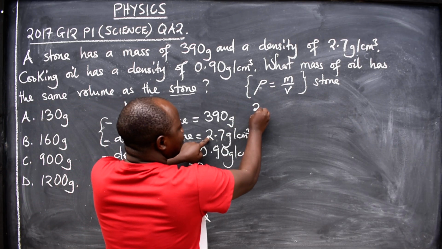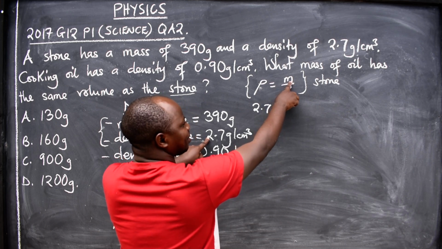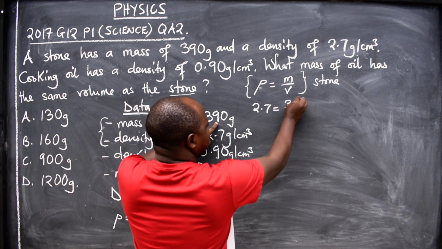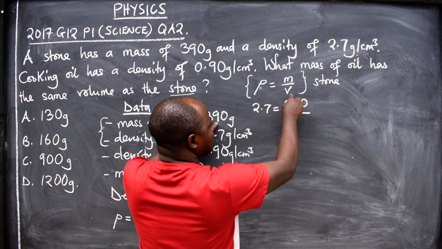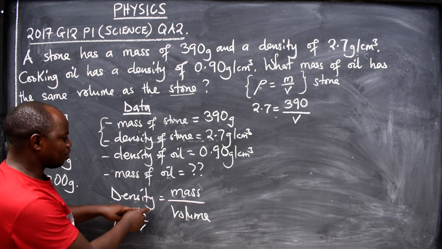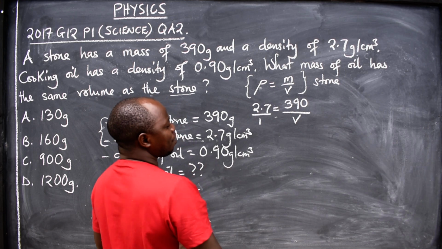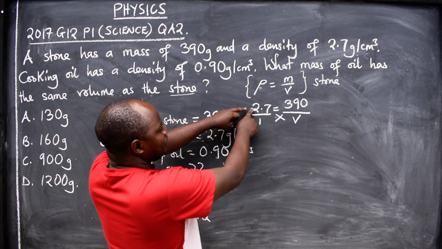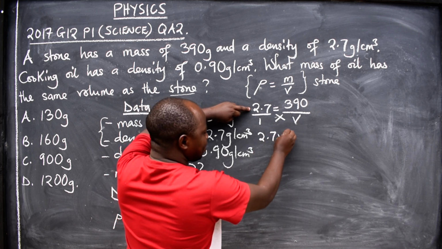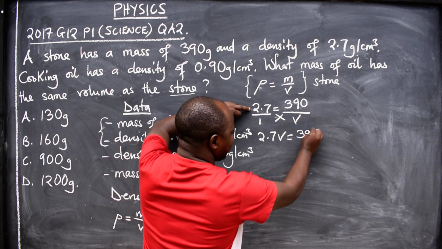So here 2.7 is equal to the mass of the stone, 390, over volume, which we want. This same volume they are saying will be the volume of the oil. So over 1 here, cross multiply. 2.7 times V, it will be 2.7 V over 1 times 390, we are going to get 390.